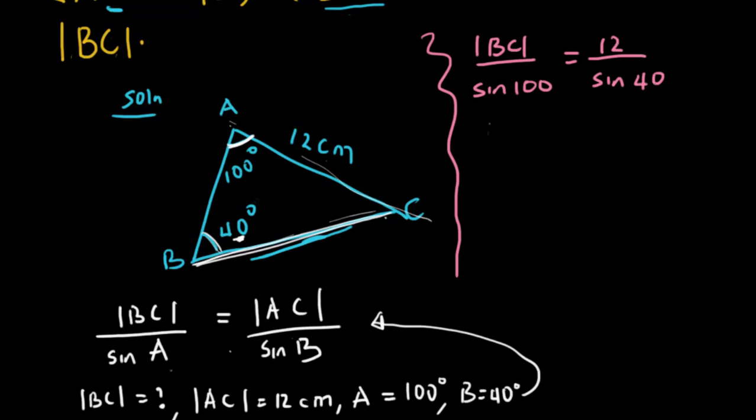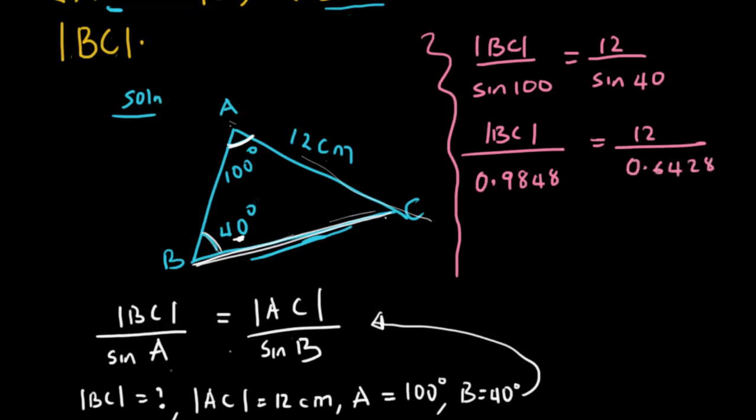So we have line BC over sine 100. You can do that with your calculator: sine 100 is 0.9848, equals 12 over sine 40, which is 0.6428. Now we cross multiply. So we have 0.6428 times line BC equals 12 times 0.9848, which is 11.8176.